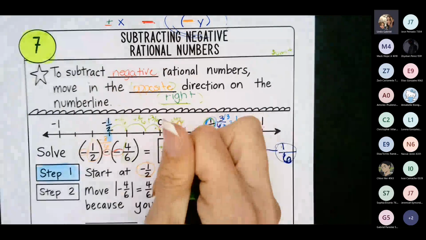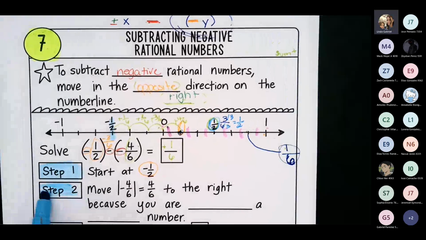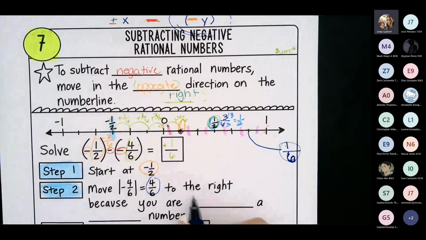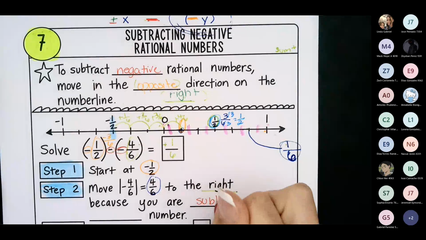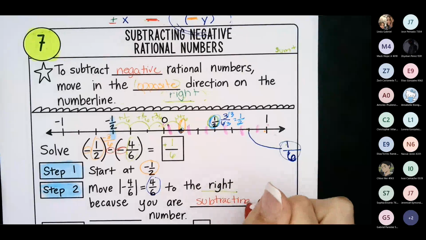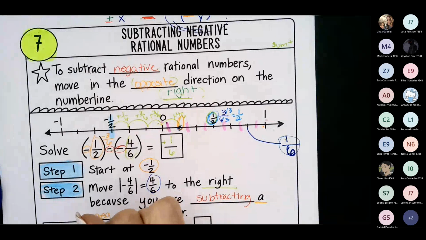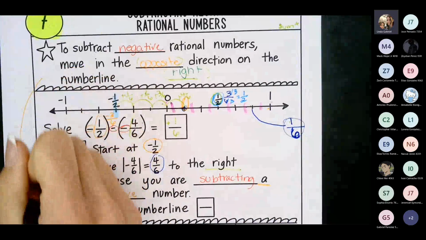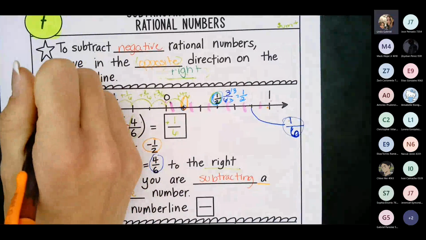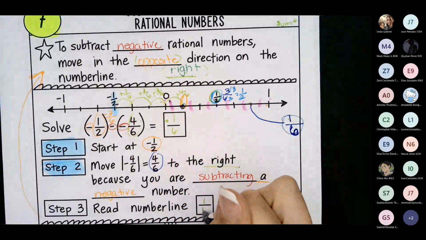So I'm at positive 1/6, right? In step 2, I moved my 4/6, and I moved to the right because we are subtracting a negative number. And that's what we learned in our rule up here, right? You move to the right. And my number line reads positive 1/6.